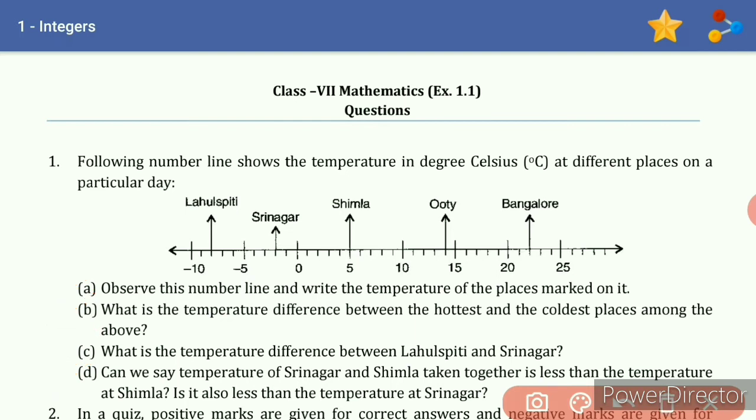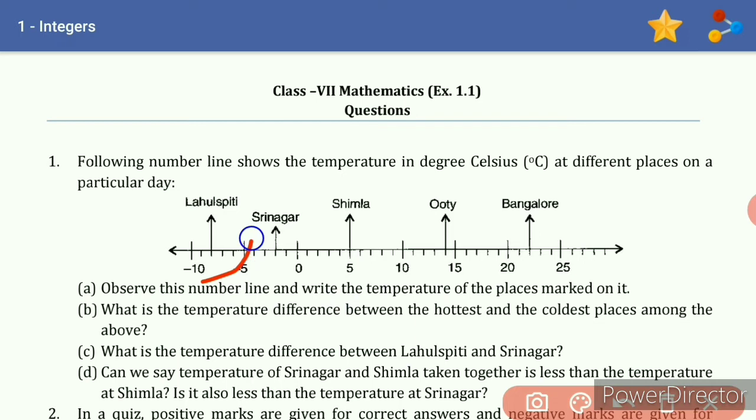Temperatures of many places are given, which are marked. We have to identify what the temperatures are. First we see this is 0, and this is positive integers and this is negative integers. So let us see one by one.